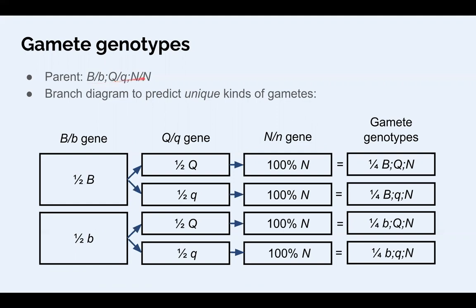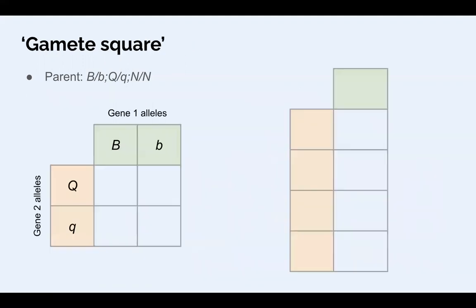And that's diploid, 2 alleles for each gene. The gametes get 1 allele for each gene. That'd be big B, semicolon, big Q, semicolon, big N, and so on. So maybe start getting familiar with that notation. We'll use it sometimes, especially when we talk about the fruit fly genes in lab.